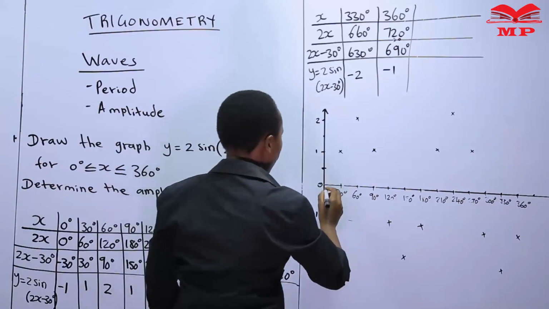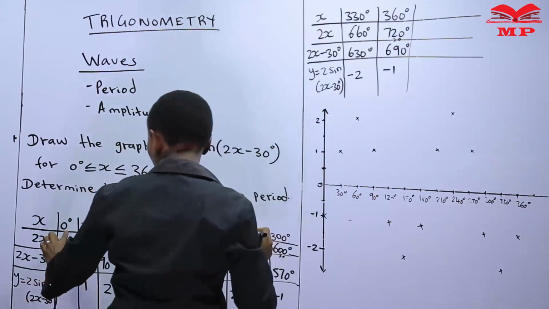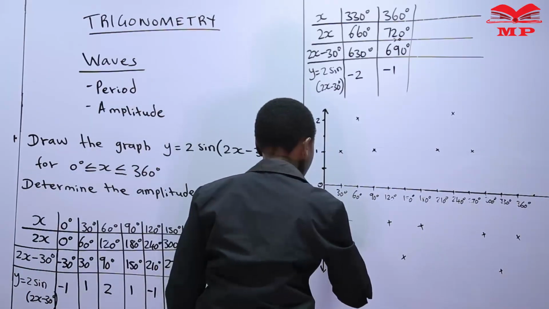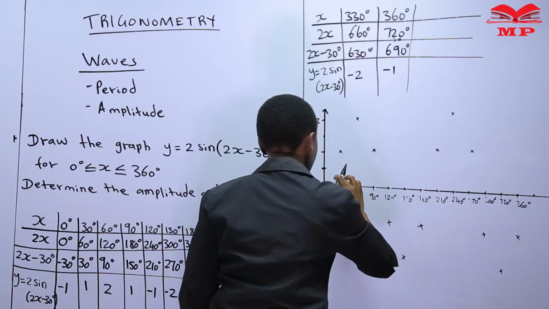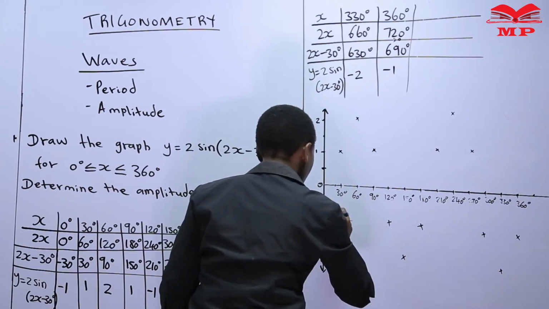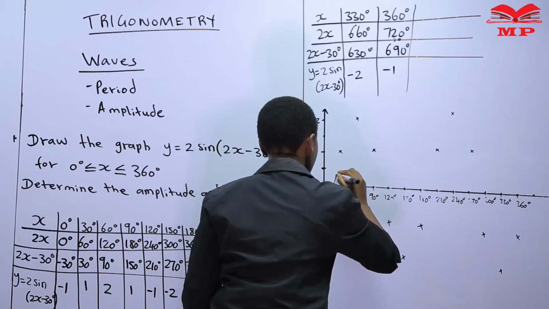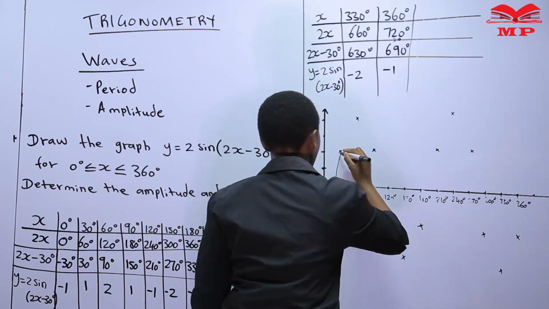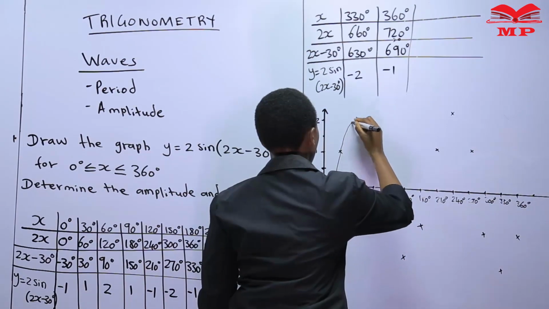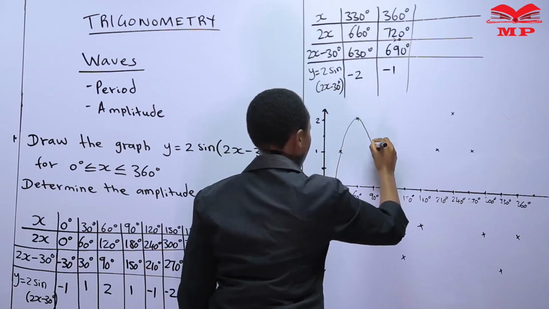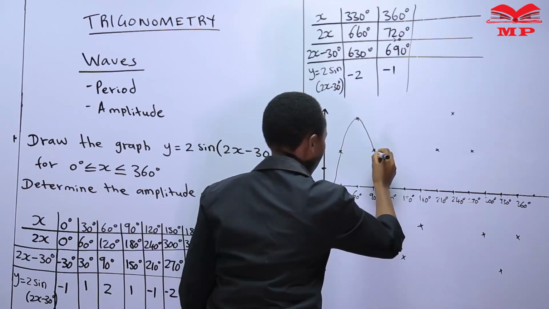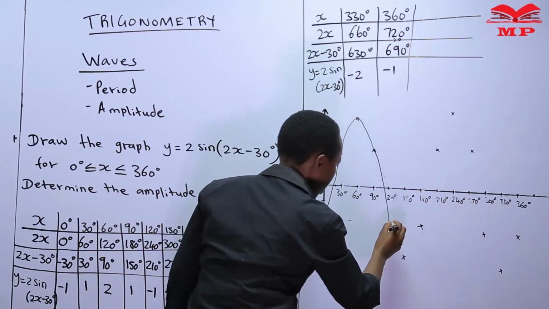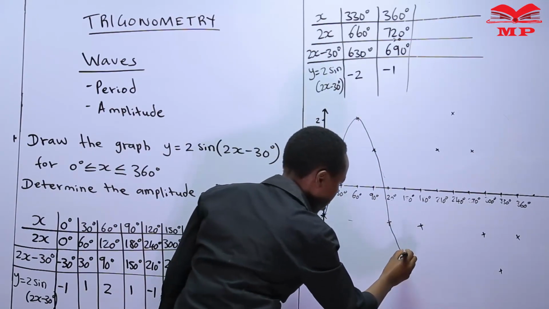So we are having from 0, our 0 was negative 1. So we are starting from this point here all the way to 30 degrees to 60 up to 360 degrees. So we have it that way. Move on to this point. Then again to 120, 150.